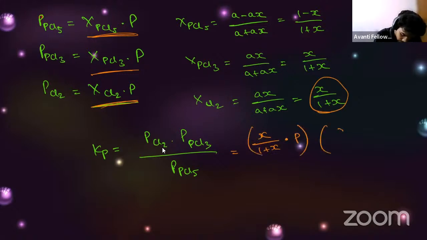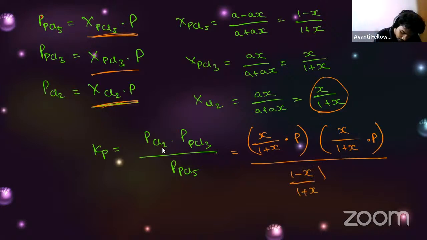Again for PCl3, x by 1 plus x is the mole fraction into total pressure, by what is the mole fraction for PCl5? Nothing but 1 minus x by 1 plus x into total pressure, right?